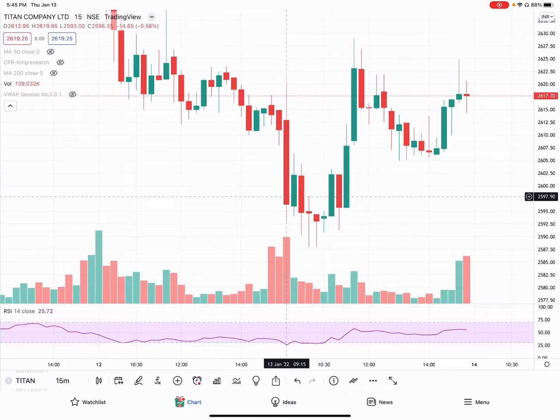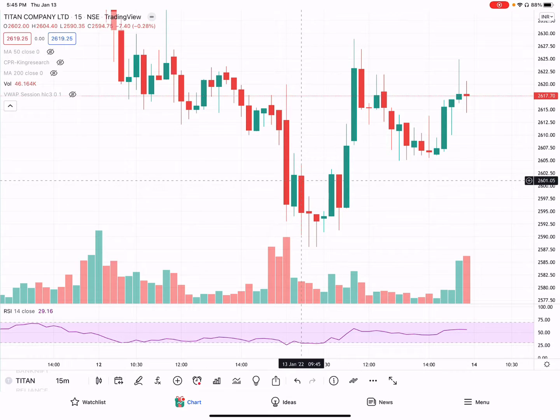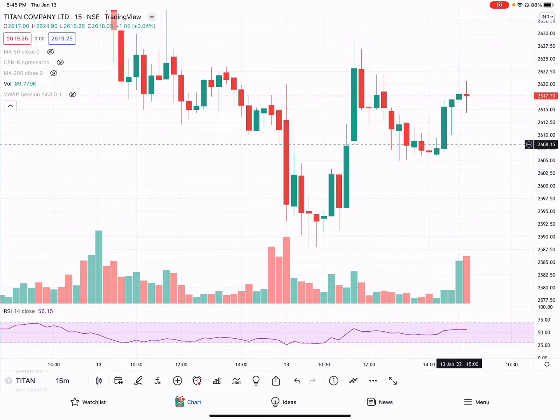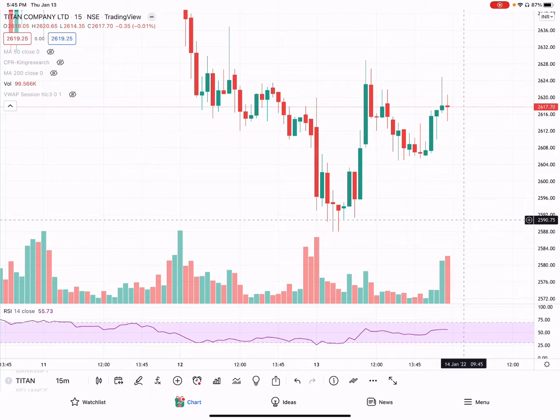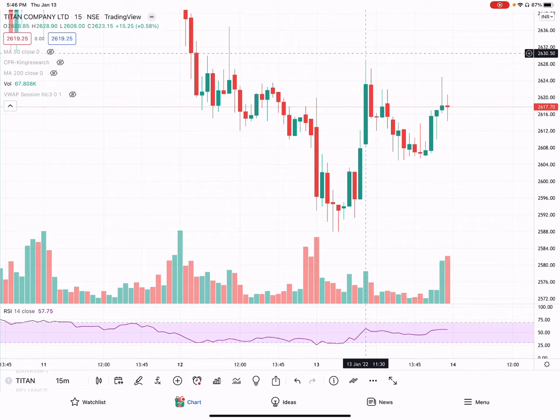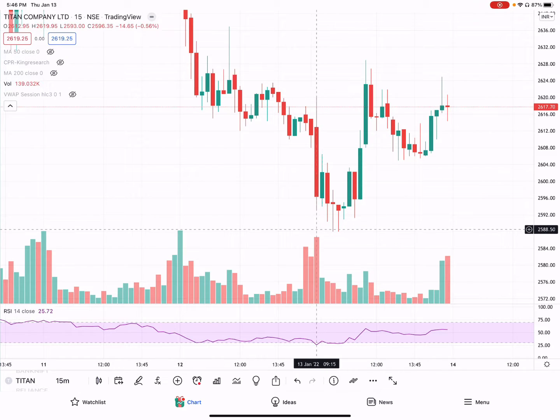The market opened at 2612, and the market closing price is at 2617. Overall, from the start of the day to the end of the day, it just gained 5 points. But there's a lot of action or momentum going on in between. It made a high of 2629. It made a low of 2588.